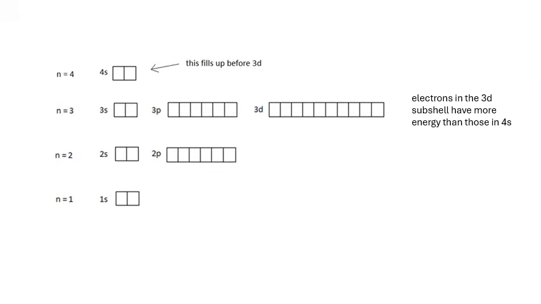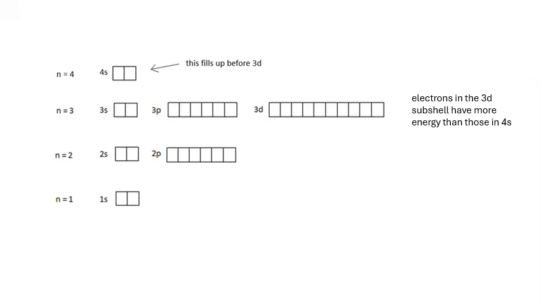Now, one tricky little thing. The 4s2 fills up before 3d. Okay, just one little thing which makes it a little bit more complicated. The 4s2 fills up before the 3d. And why? Because electrons in the 3d subshell actually have more energy than those in 4s.